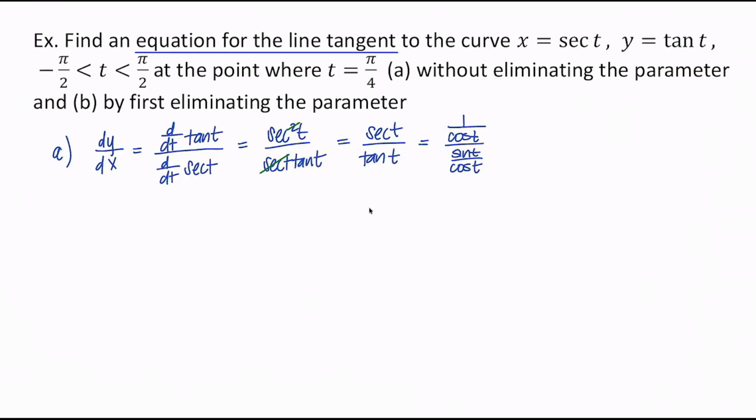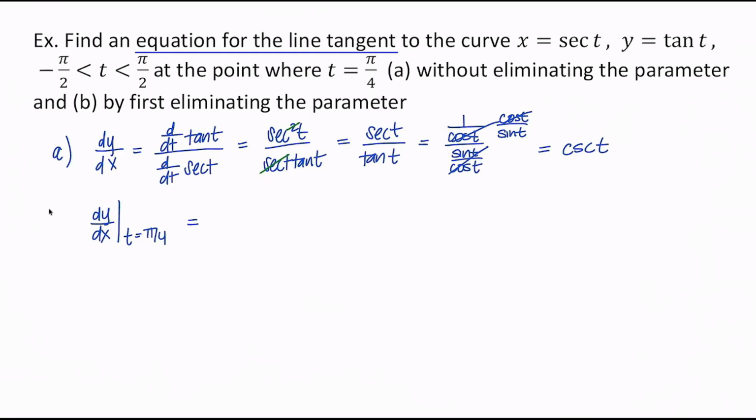If we multiply by the reciprocal, cosine t over sine t, the cosine t's cancel, and 1 over sine is cosecant t. So that's dy dx.